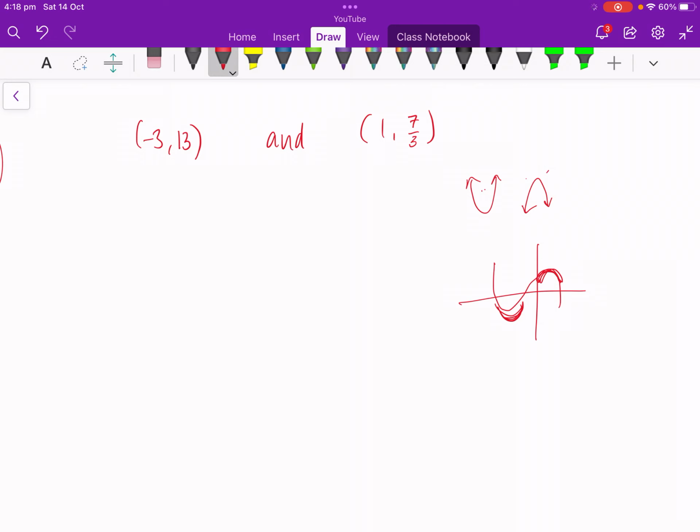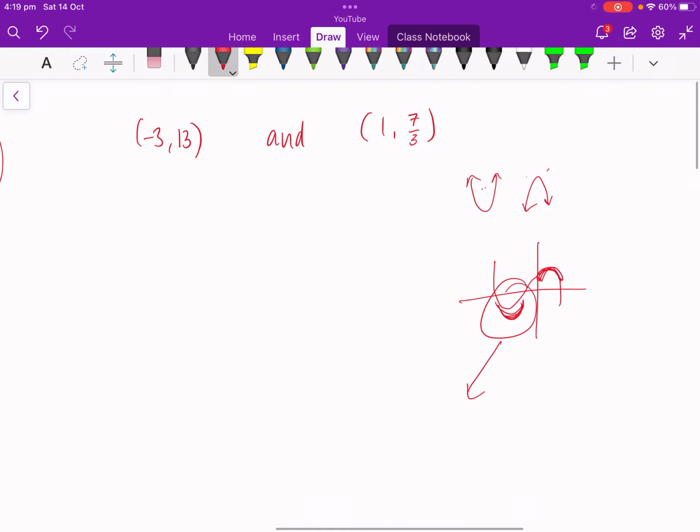The way we're going to test it is using the sign test. The sign test works by testing the x coordinate either side of the point. If this was a minimum at (-3, 13), then either side of it your y coordinate would be increasing or decreasing, and the gradient would go like that or like that.